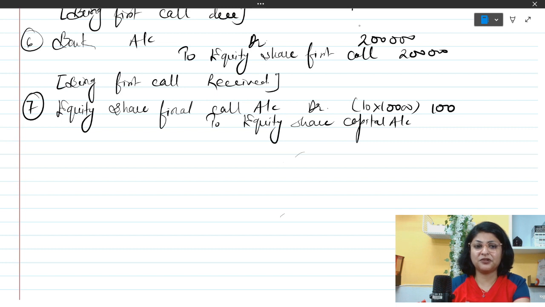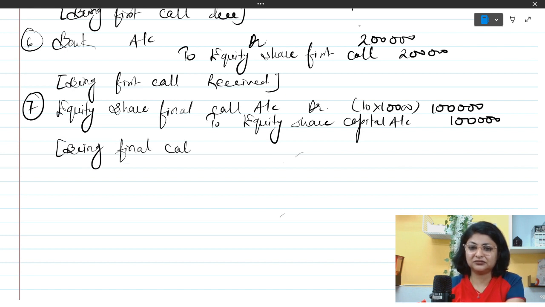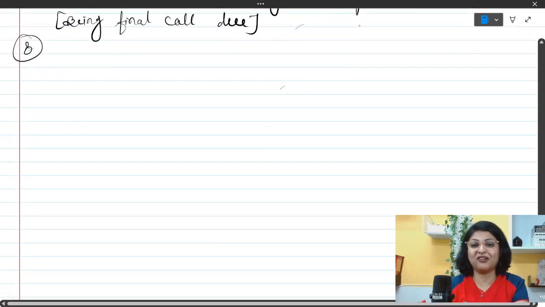So it is going to be 1 lakh rupees. Okay, this money is due. Being final call due.